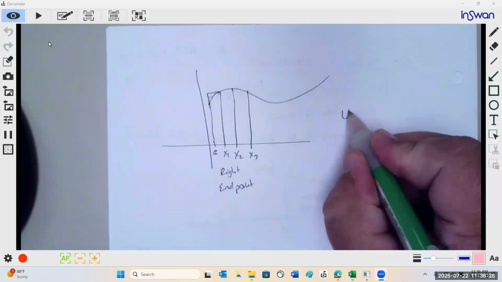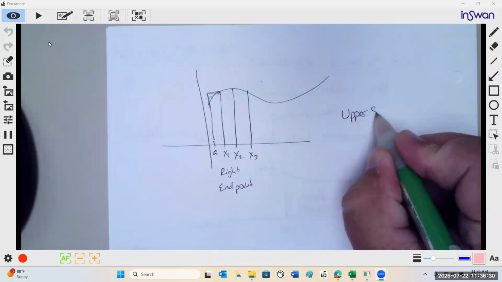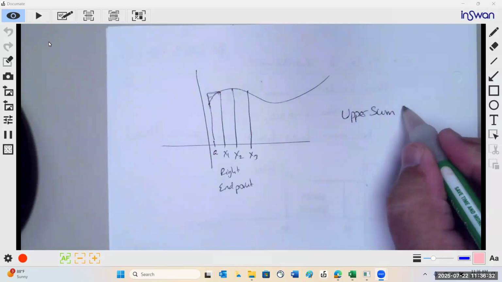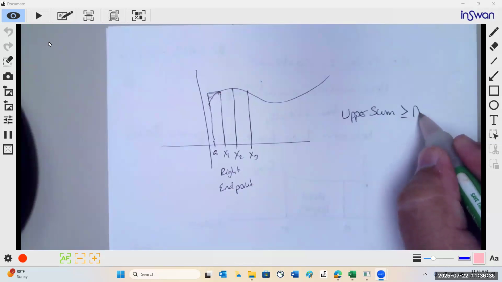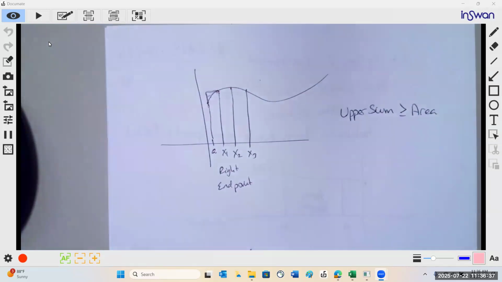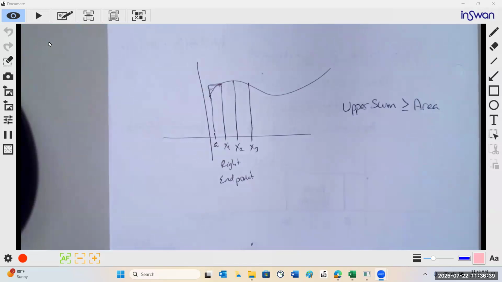That's called an upper sum. And that's going to be greater than or equal to the actual area. So we have our lower sum is less than or equal to the area of the function itself, which is less than or equal to the upper sum.